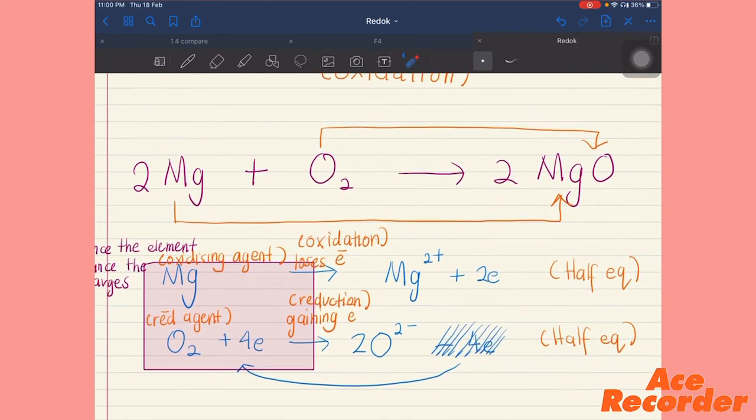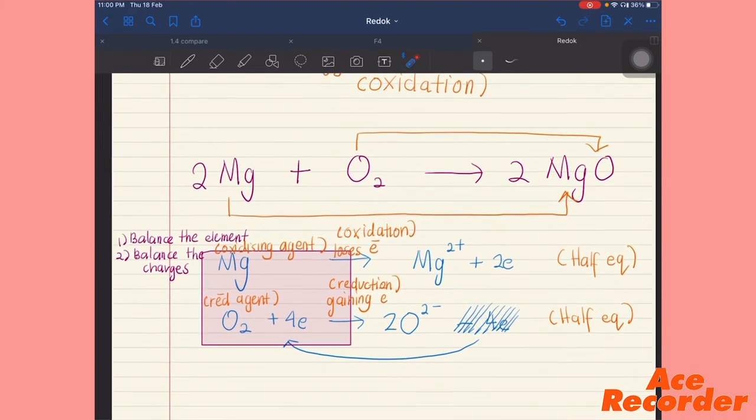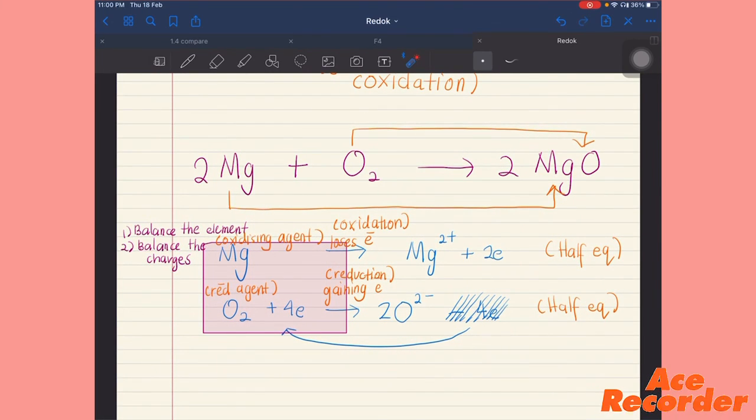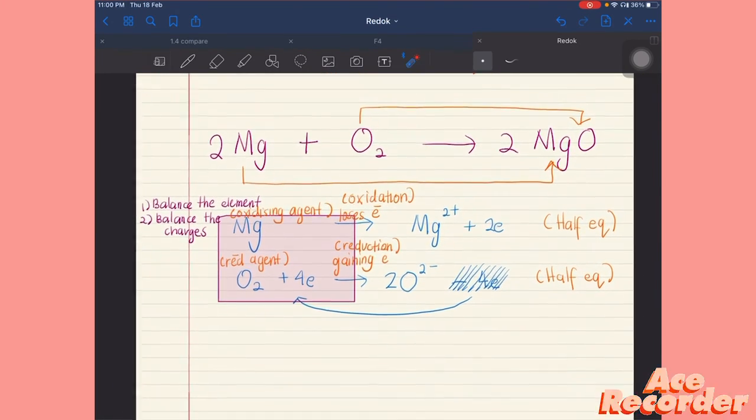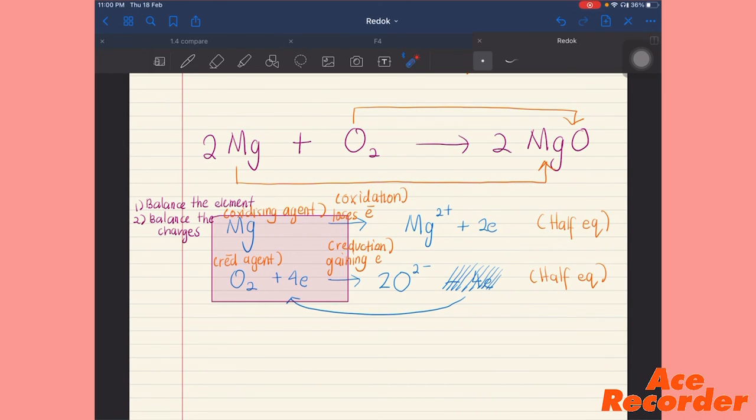This third method is very important because it's commonly used in the rest of the chapter. So it may take some time for you to understand better. So try to rewind, forward, repeat the video a few times to make sure you are able to understand how to come out with the half equation.